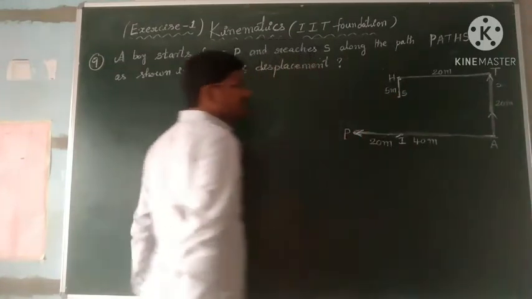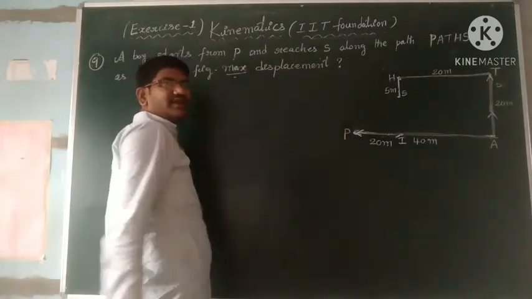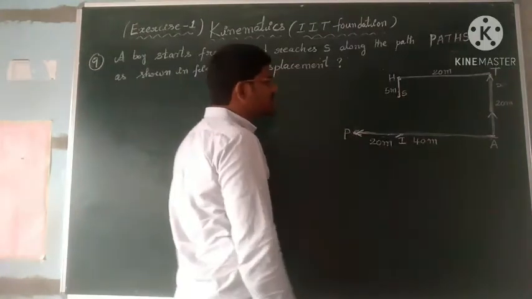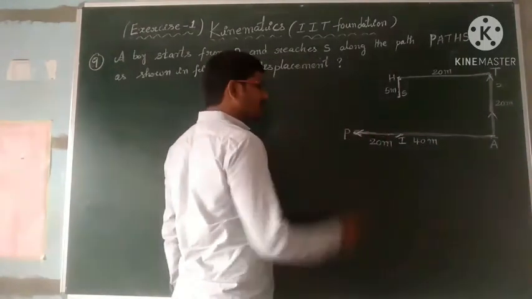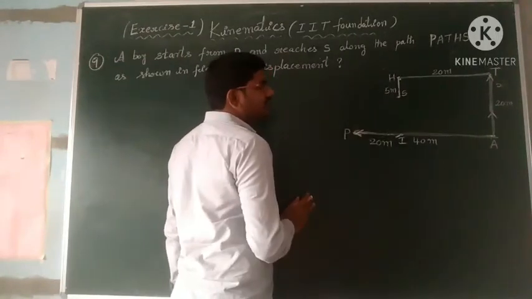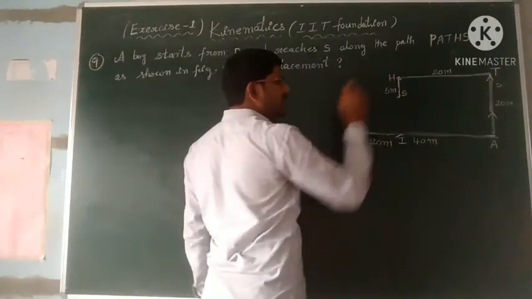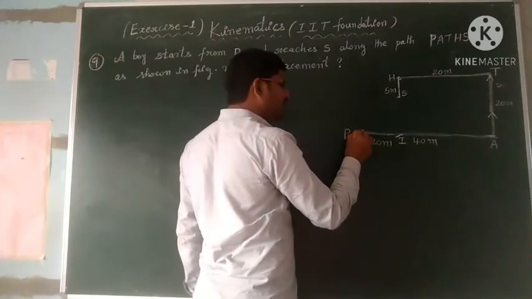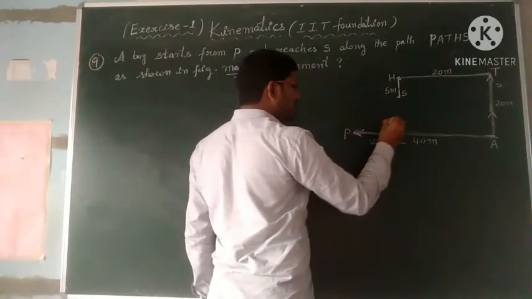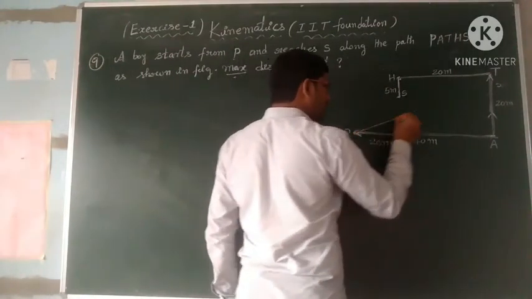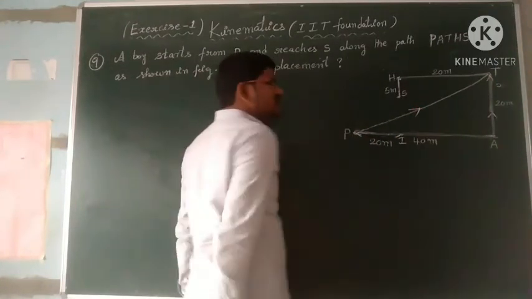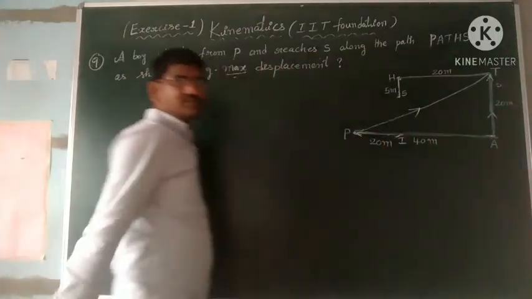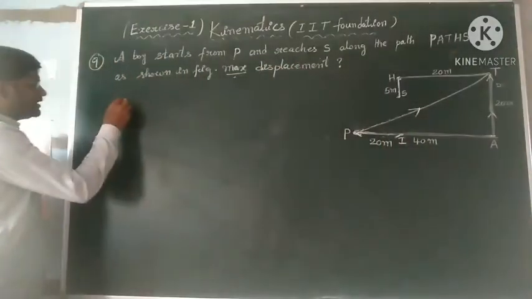Maximum displacement for the given diagram: from here to here you will get 40 meters, and here to here we calculated 25. Here to here we get more than 25. But if for this given diagram we join from P to T, this PT will become the maximum displacement.